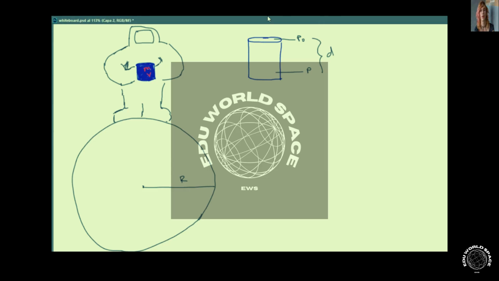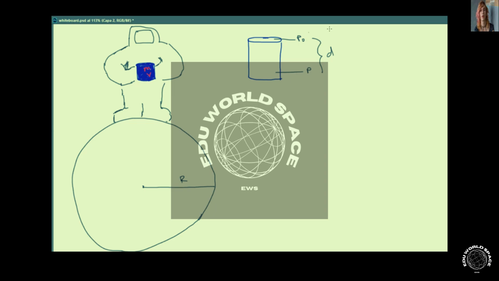Okay, so we have the picture: an astronaut standing at the North Pole of a newly discovered, perfectly spherical planet, just like the drawing. This planet has a radius r. He's holding some liquid. We know the mass, we know the volume, and we know, like in the second drawing, that at the surface of the liquid the pressure is P0.